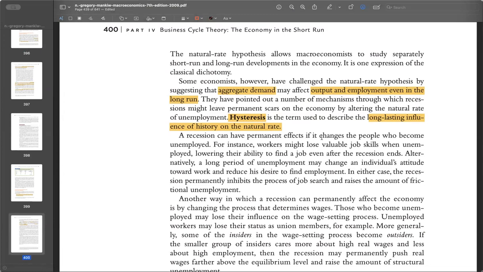For example, the people who become unemployed, workers, might lose valuable job skills. That's resonant in current discussions about post-COVID recovery, and you have this learning loss debate in Philippine education post-COVID, post-quarantine.